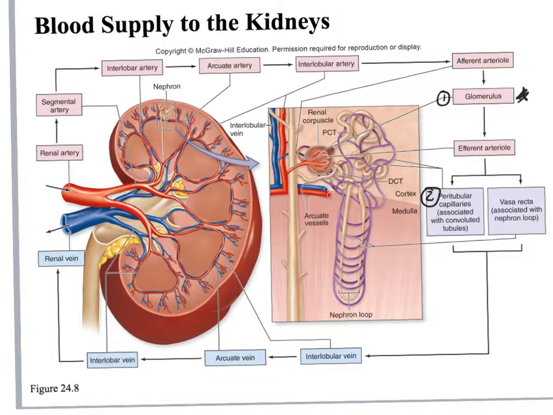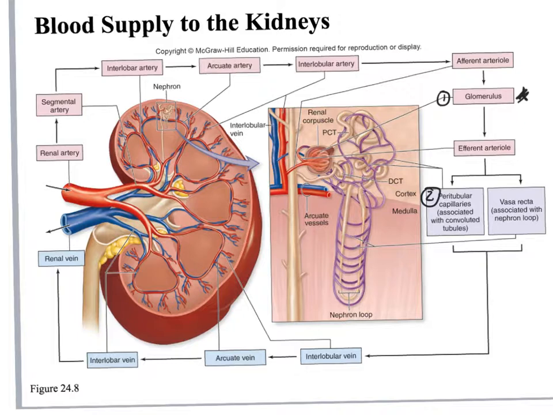So we go afferent arteriole, glomerulus, and then blood leaves again through an efferent arteriole. Efferent means outgoing. Why is it important that they're arterioles? What do you know about the function of arterioles as opposed to, why isn't that a venule that's leaving there?